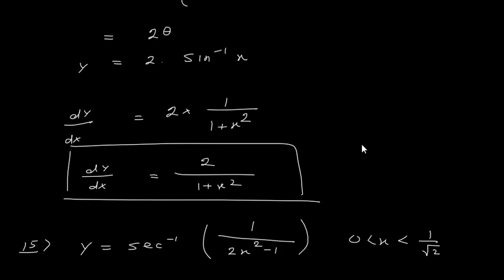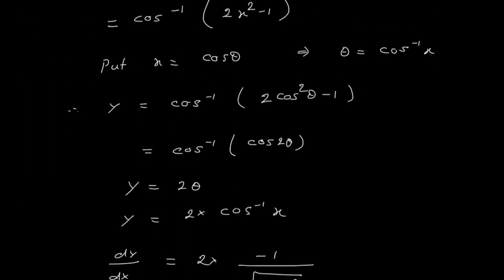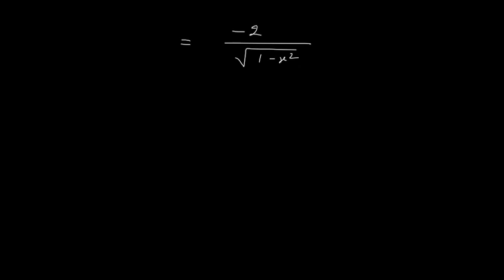Now the derivative of sine inverse x is 1 upon root of 1 minus x square. So dy upon dx is 2 upon root of 1 minus x square. This is your answer. And for the 15th question, this is the answer.